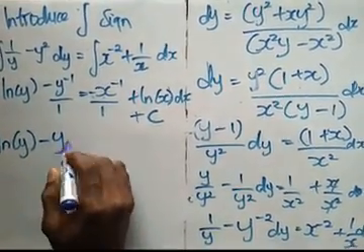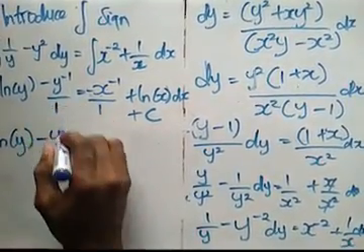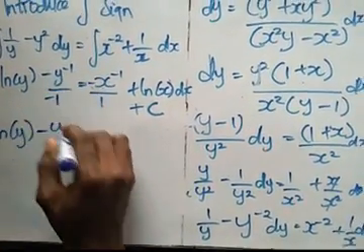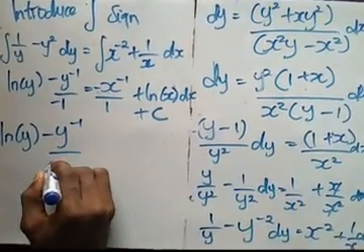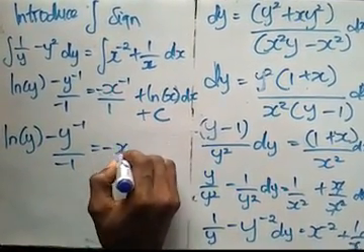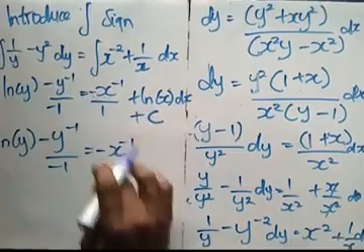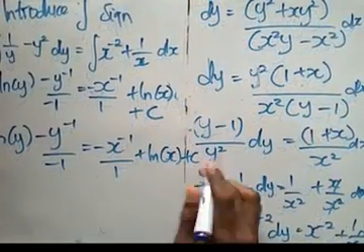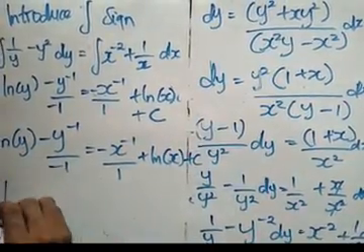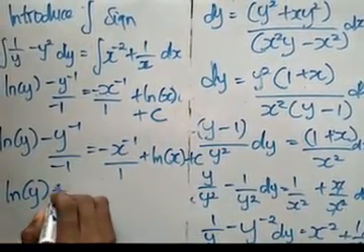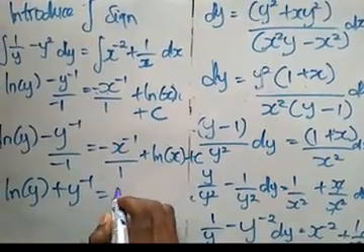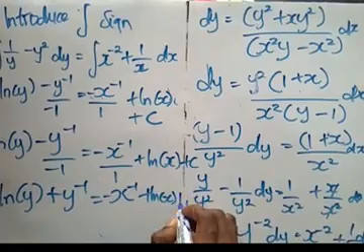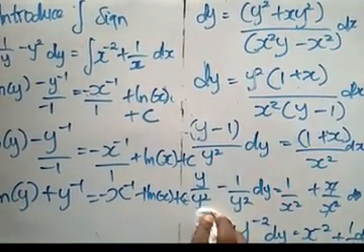So you have ln y plus 1 over y equals minus 1 over x plus ln x plus c. That's the final answer.